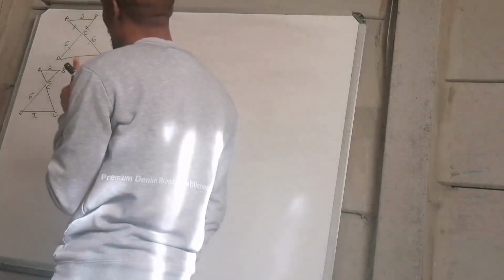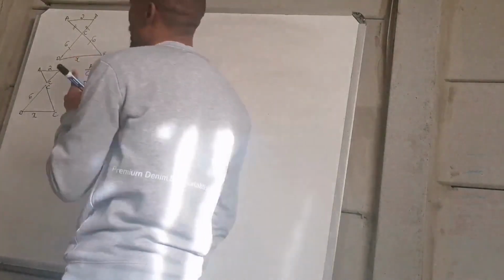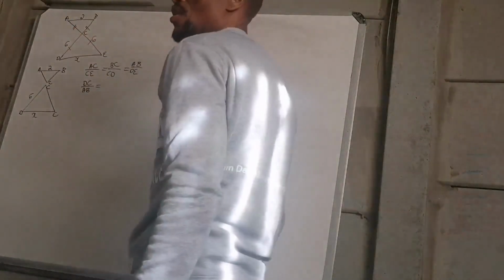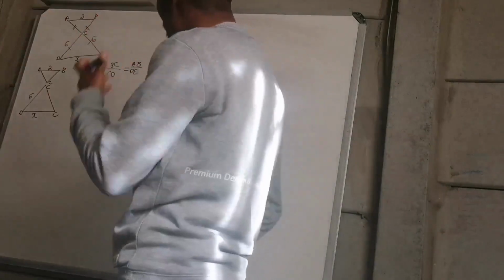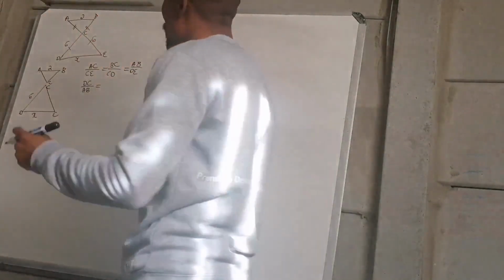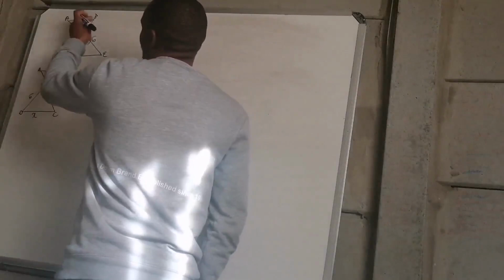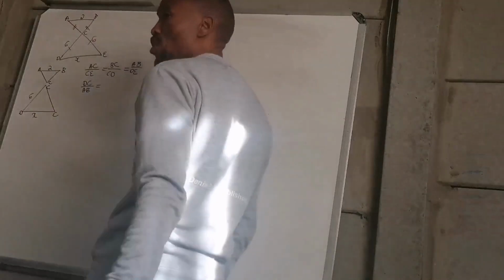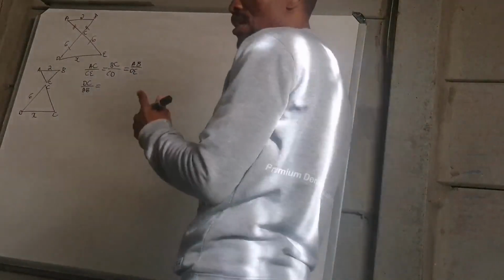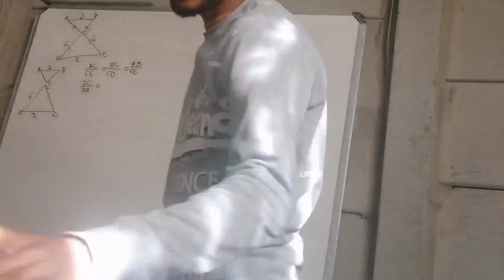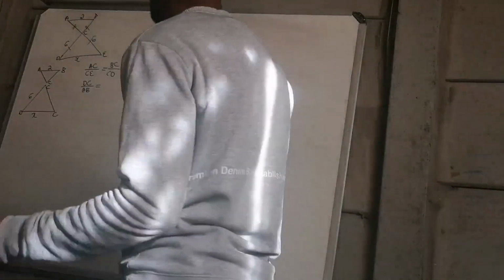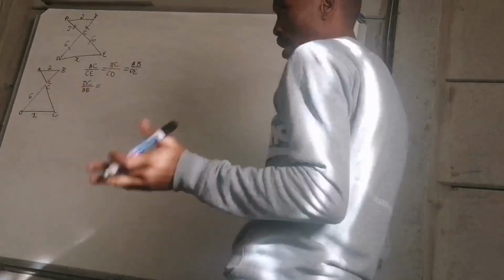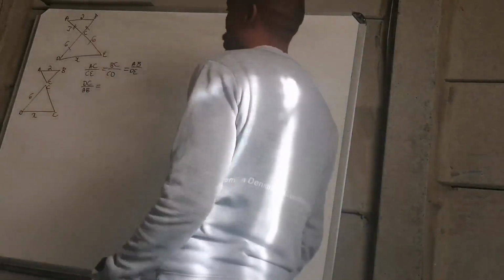Now, we should be very careful because now this side is equal to that side, so it will become impossible to find the value of x. We cannot find the value of x unless there's something else, it becomes impossible for us to solve that problem.